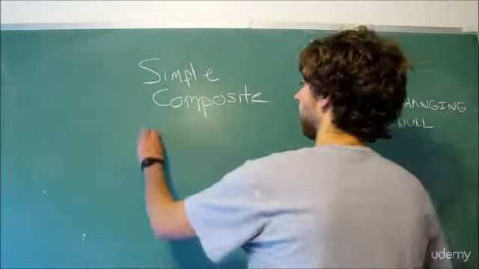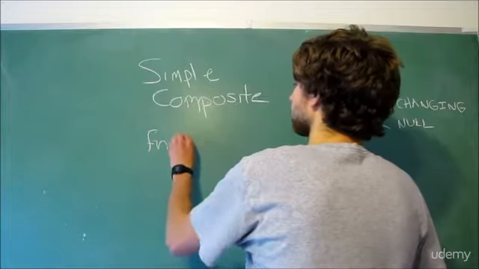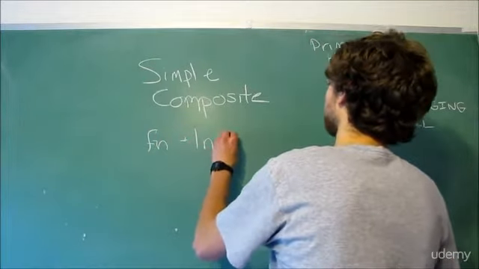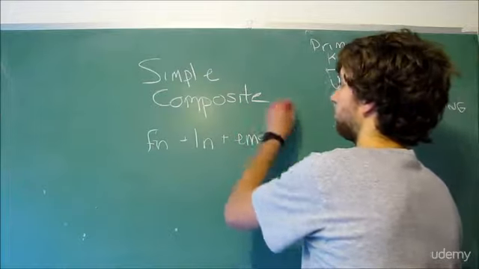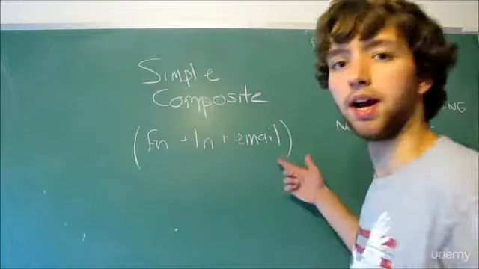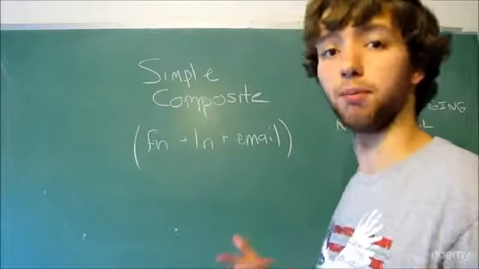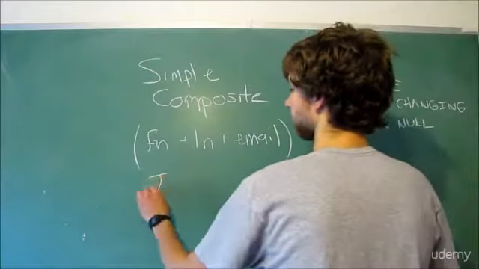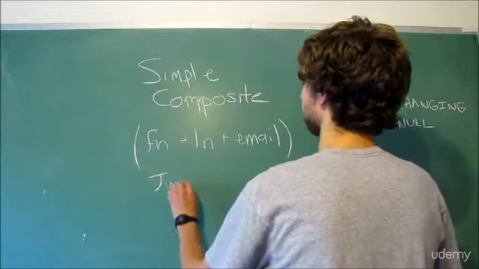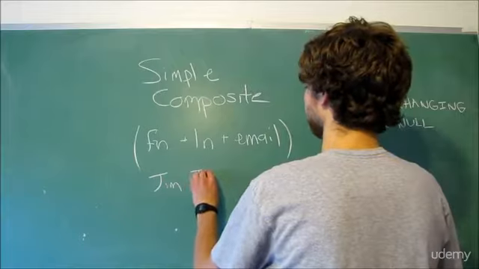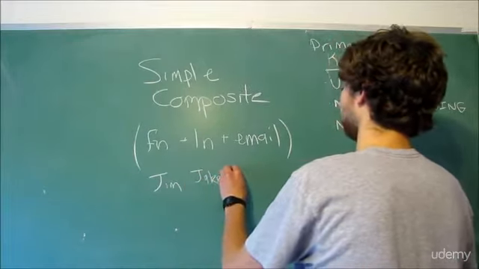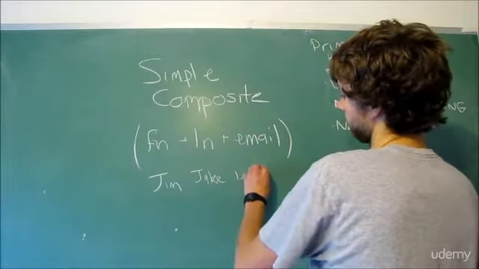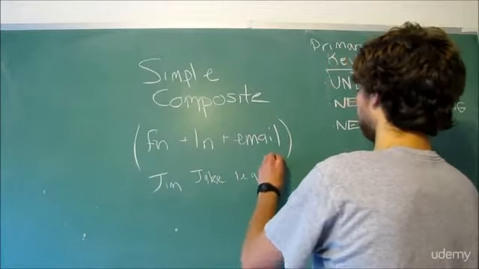So for example, we could have a first name plus last name plus email. This could be an example of a composite key because this whole group as a whole is the primary key. So we could have Jim, Jake, and legit or awesome at whatever.